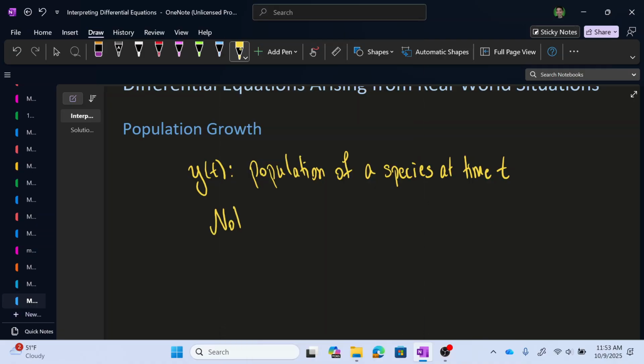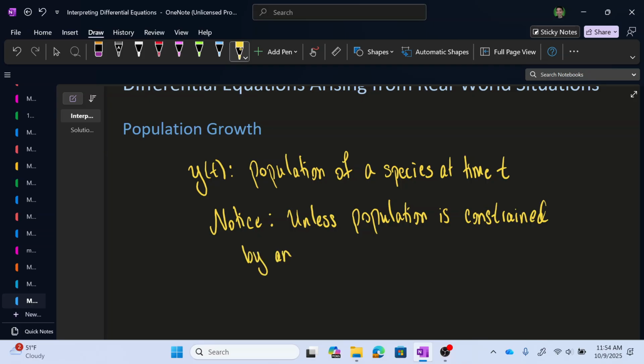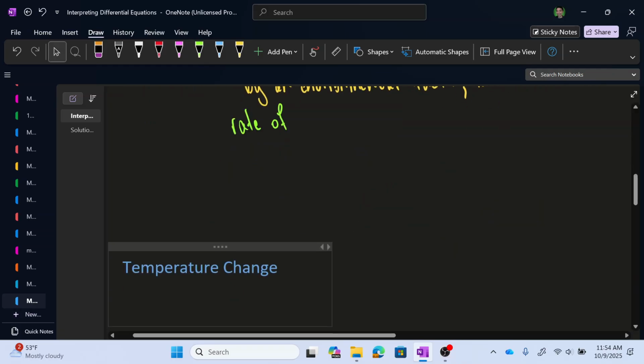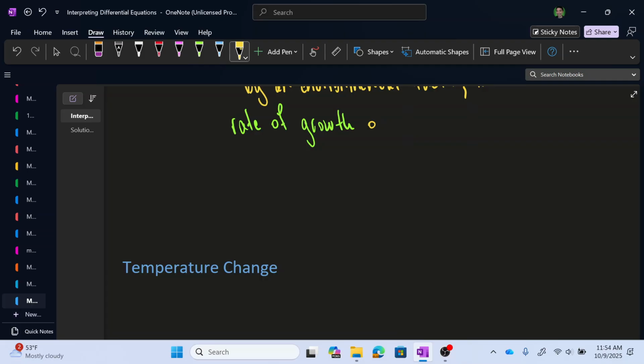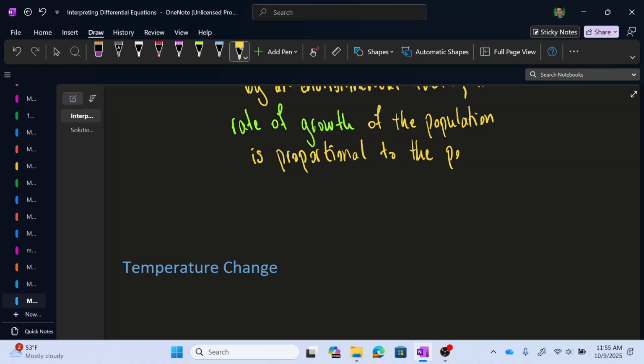So I'll say note that unless the population is constrained by some kind of environmental factor, the rate of growth of the population is proportional to the population's current level.